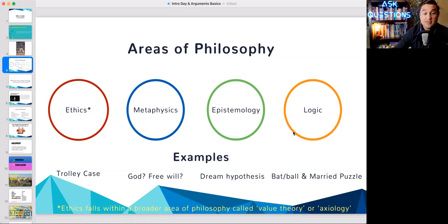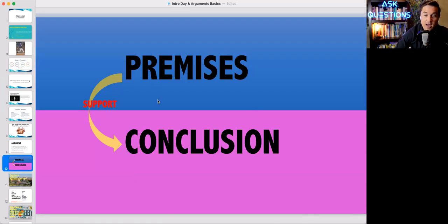Well, because the power of the premises are so strong, that they're true and they have this support for the conclusion. Sometimes we'll talk about following or entailing. The conclusion follows from the evidence or from the premises. We'll talk a lot about that.